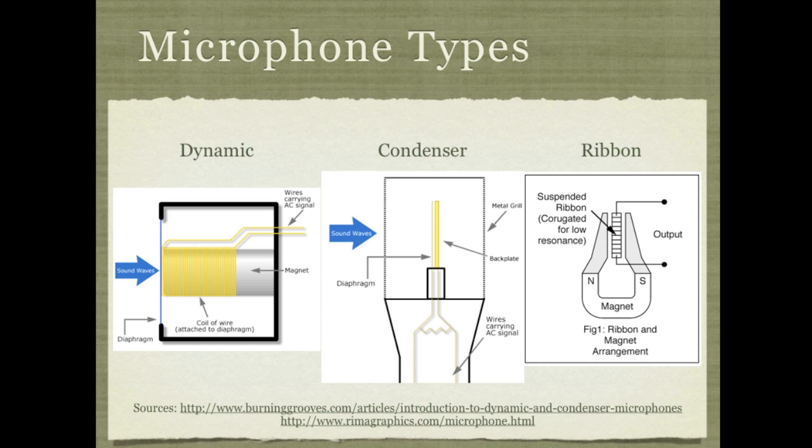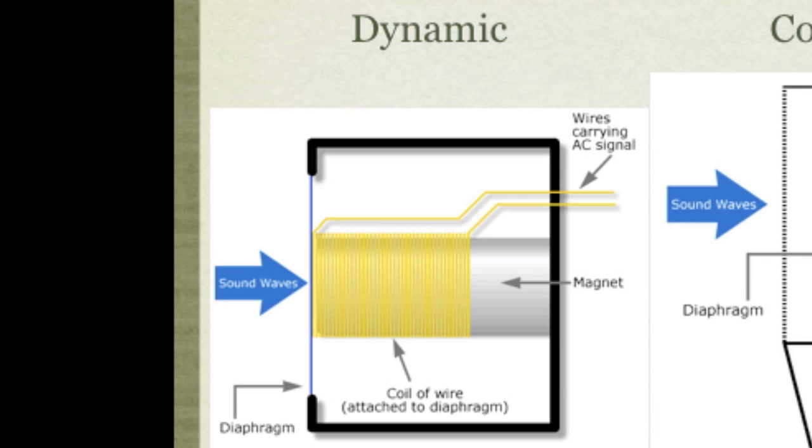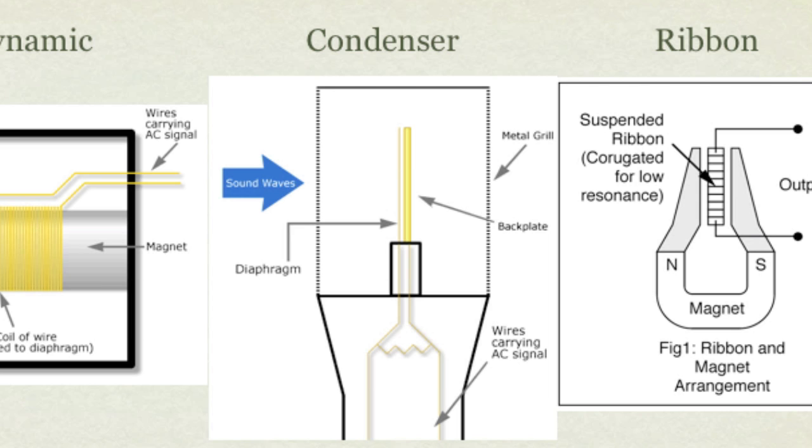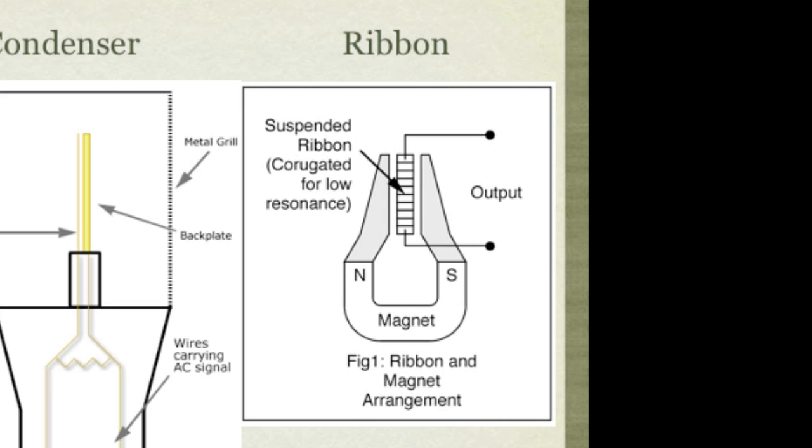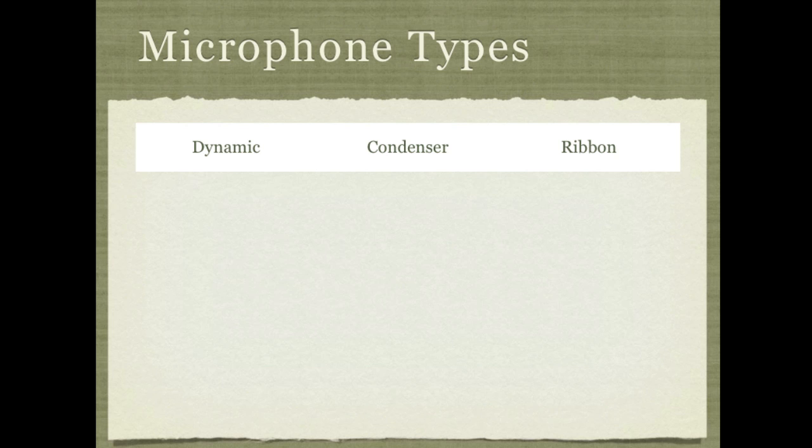The dynamic mic on the left, whenever sound waves hit it, they're moving an entire coil of wire, an electromagnet, and that means that it is slower to respond to the sound waves than the condenser mic in the middle that just has a diaphragm suspended in air in a hoop that is much lighter weight, and so it can respond more quickly to the sound waves. And the ribbon mic has a tiny, tiny piece of metallic ribbon suspended between two poles of a magnet.